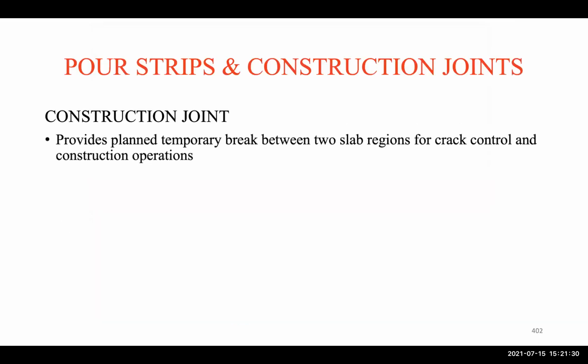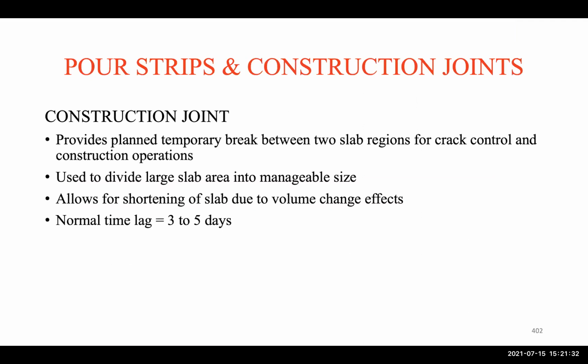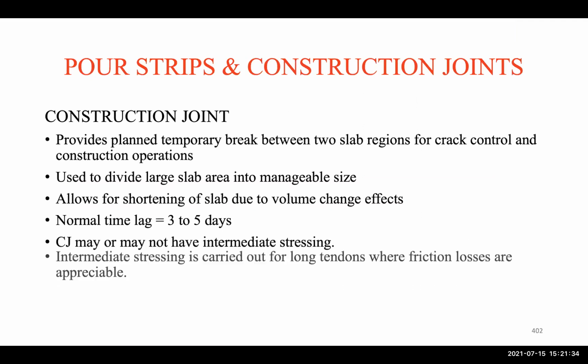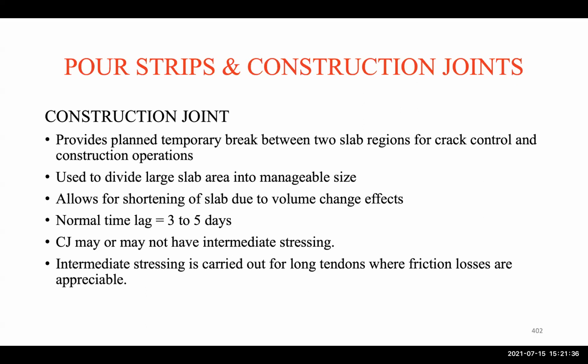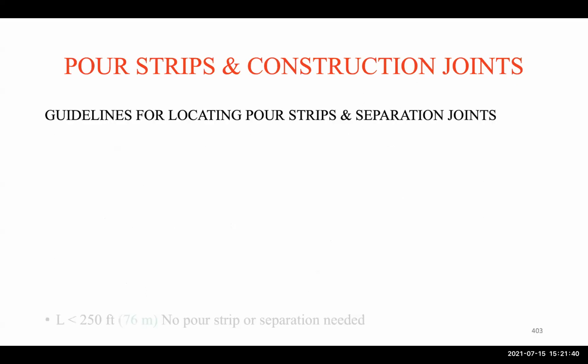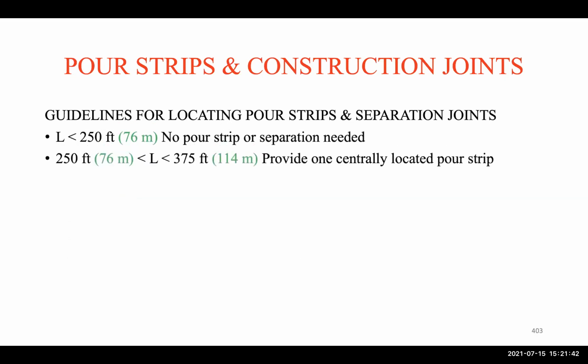So then we have construction joints, and the same thing. Construction joints help, of course, in eliminating the cracks in the slab. So where do we provide construction joints? Typically, if the length of the slab is less than 250 feet, then no pour strips or separation is needed.